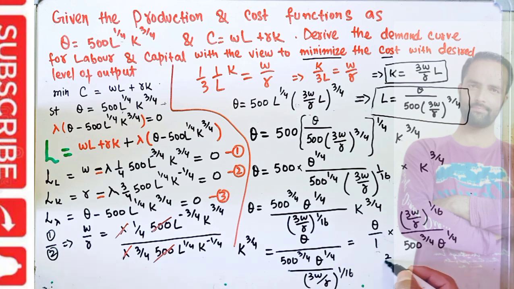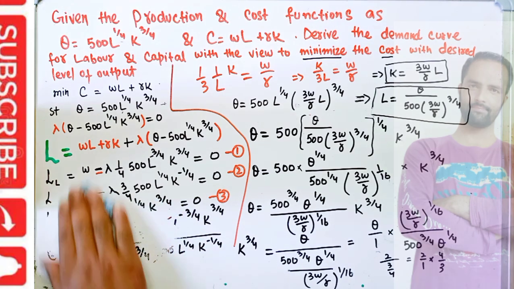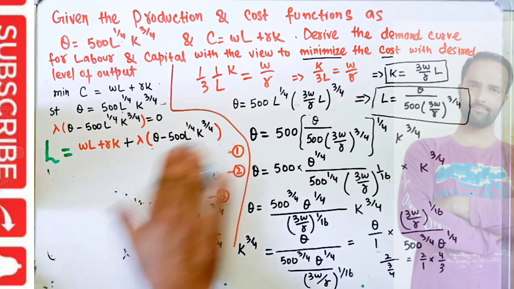That means if we have 2 upon 3/4, we can write it as 2/1 into the reciprocal of the denominator, so 4/3. I hope you know it very well. Let me rub this out because I don't have space left here to solve it.